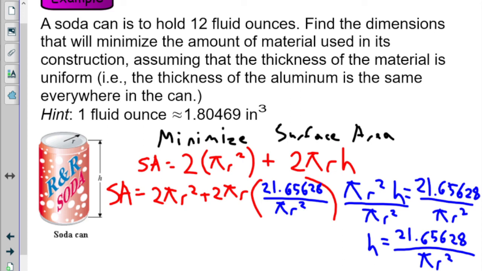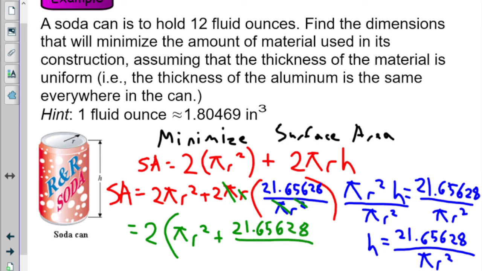If I were to try and simplify some of this by hand, what I would do is take a 2 out of the whole thing, because both of these terms have a 2 on them. Pi cancels here. One of the r's cancels here, and I would get pi r squared, and then one of the r's canceled here, so we have pi r, and then we have the 21.65628 over r.